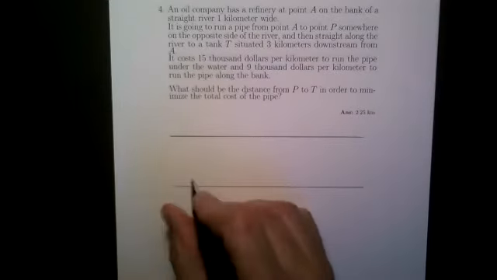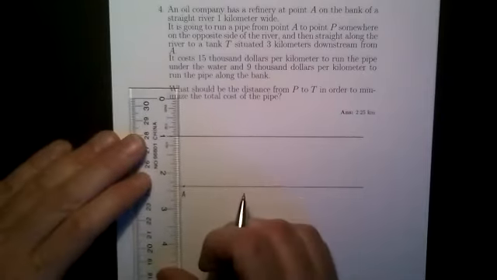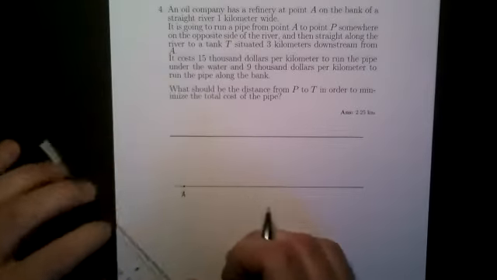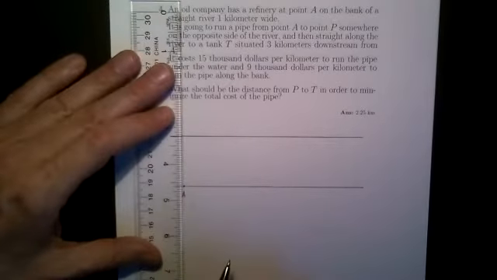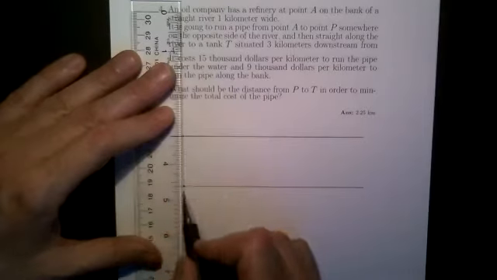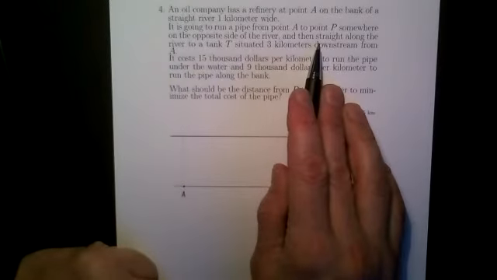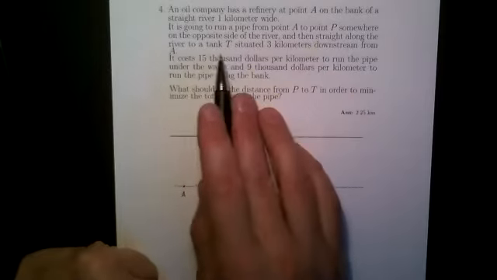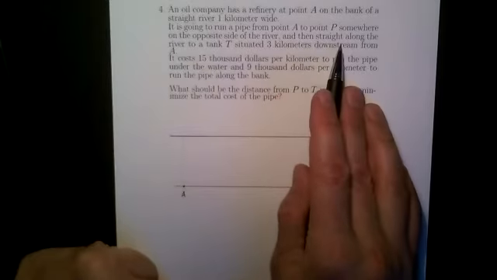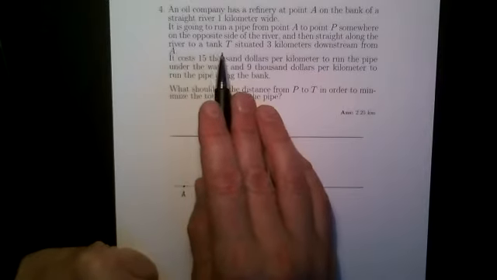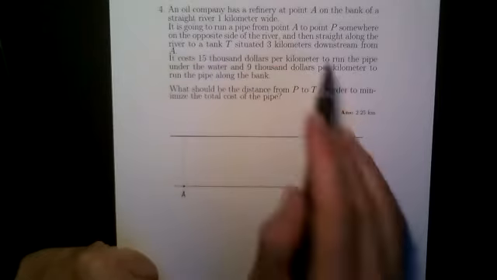Okay, so we have here point A. Okay, and point P, which is going to be somewhere down the river. And then straight along the river to a tank situated 3 kilometers downstream.